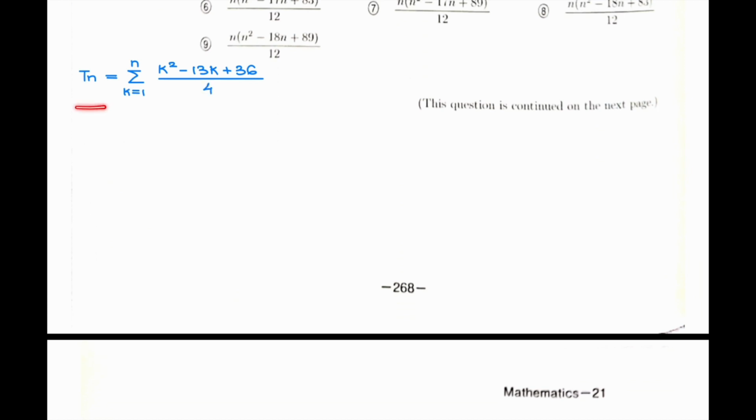This is my TN. If you want to evaluate this summation, first of all, we can separate the fraction. I think this is the easiest way to evaluate this summation. So I will separate the fraction and I will obtain k squared over 4. I can write it as 1 over 4 k squared, minus 13 over 4 k, plus 9, since 36 divided by 4 is equal to 9.